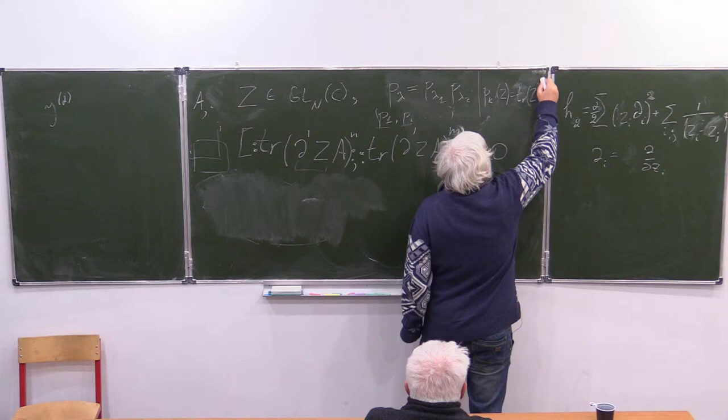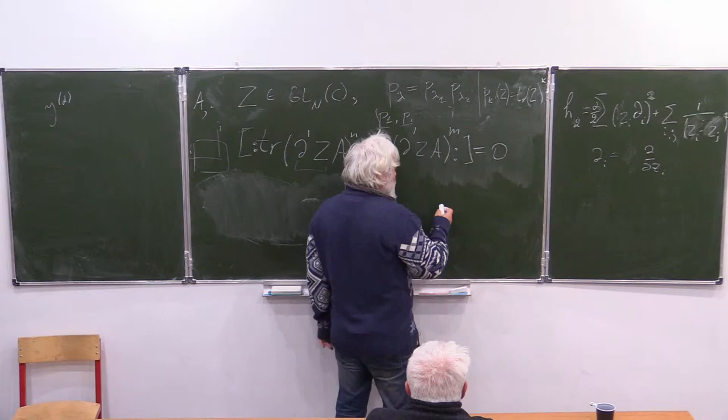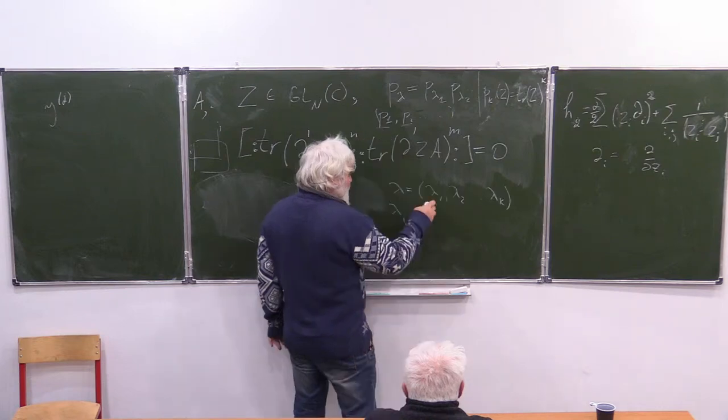And if we have a partition, is it clear what a partition is? A partition is just a set of natural numbers in weakly decreasing order. So a partition with parts lambda 1, lambda 2, up to lambda k is a set of natural numbers, integers, with this property.